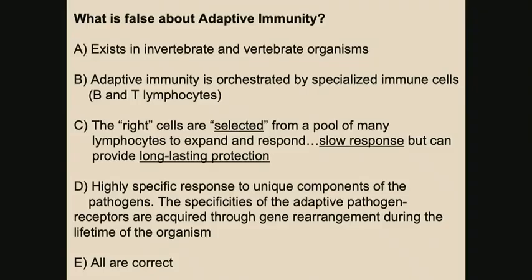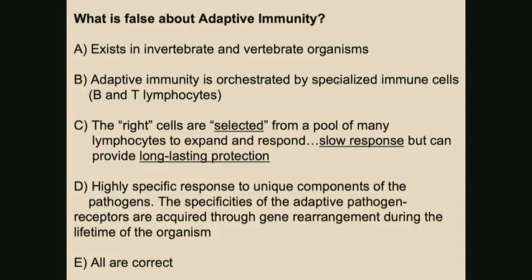Make sure you voted, and I'm about to stop the clicker right now. Okay, I'm going to stop it now. The question was, what is false about adaptive immunity? Existing in vertebrate and invertebrate organisms. We learned that adaptive immunity is only in vertebrates, so that's false.